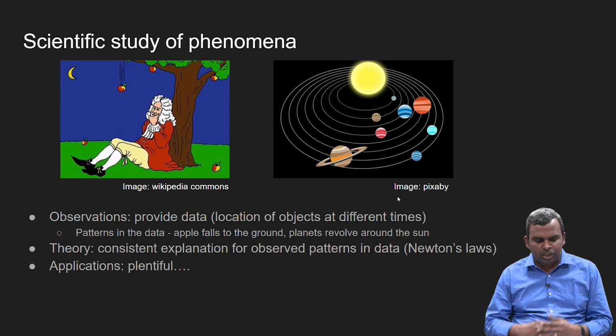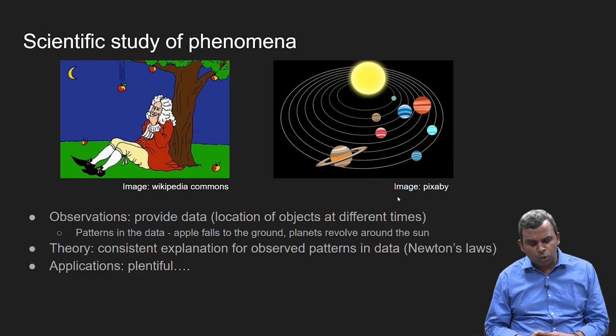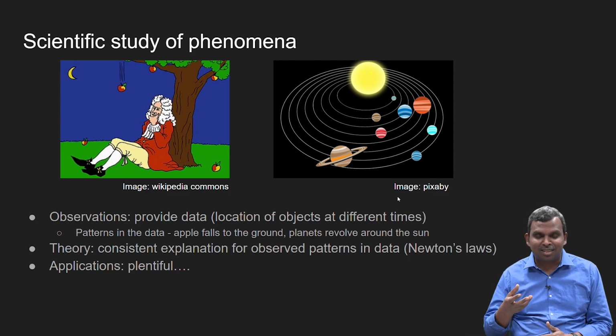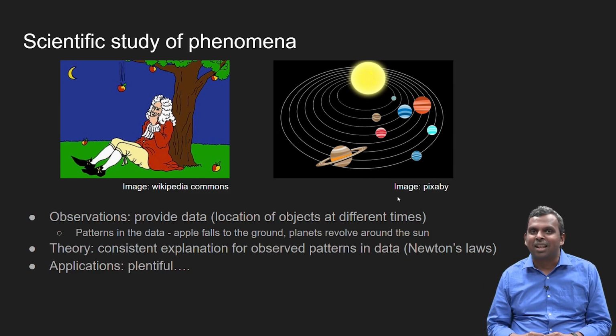Generally the way science works is that people begin with some interesting observations, which provide, in today's language, data. In those days, they would have just said experimental observations and experiments, etc. But let's call them data. For instance, you can see a couple of pictures here which depict very famous scientific observations from centuries.